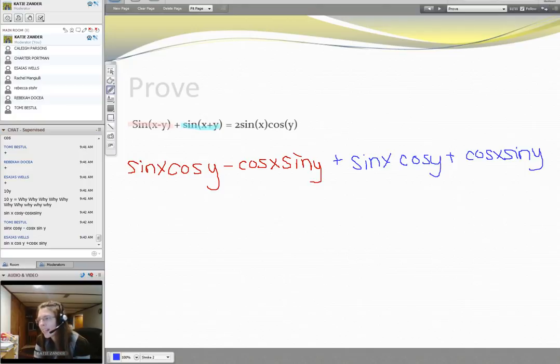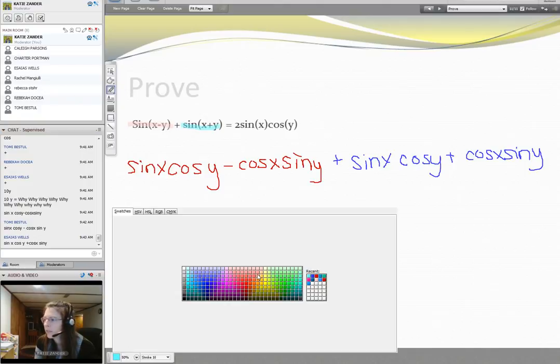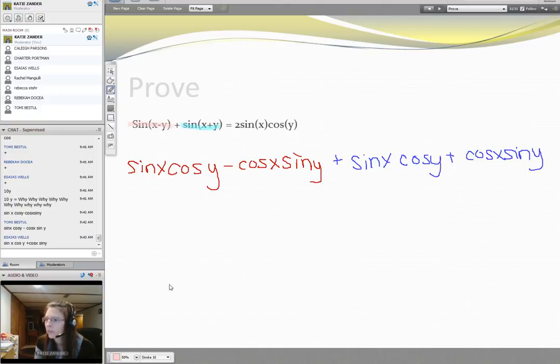All right, let's look for like terms. Are there any like terms that we can combine? Yep, so those are identical.